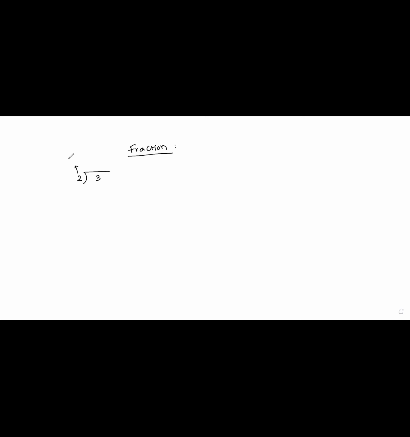These are two people, and let me take this as a pen. For two people, I can give only one pen to each. Then I subtract 2 and I get 1. This 1 indicates the remainder. That means one pen is left with me.